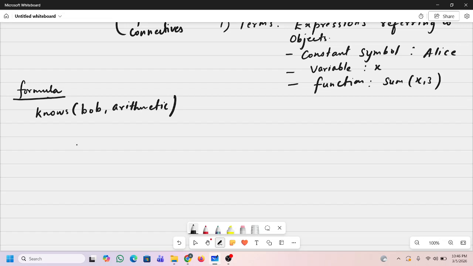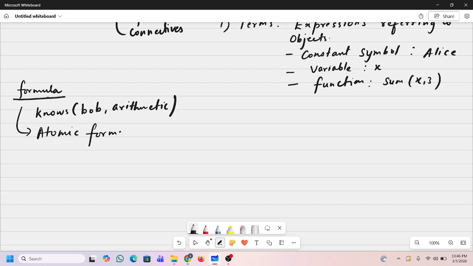Then there are atomic formulas also. An atomic formula is a predicate that is applied to terms. Atomic means that it cannot be divided further.